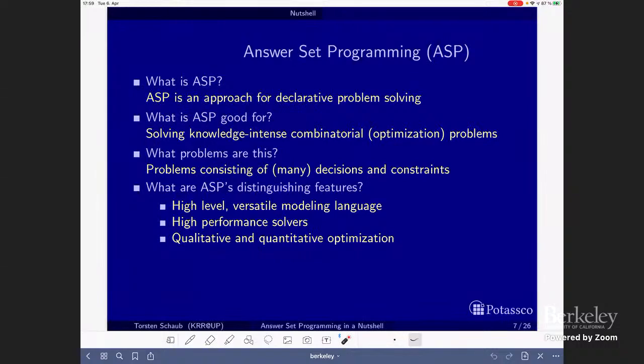And what is also built into ASP solvers right from the beginning is lexicographic multi-objective optimization. And there are tools that can even combine this with qualitative and quantitative optimization. So you can form expressions that describe preference criteria, like the Pareto of, I don't know, the minimization of the route, maximization of the fun, and so on.